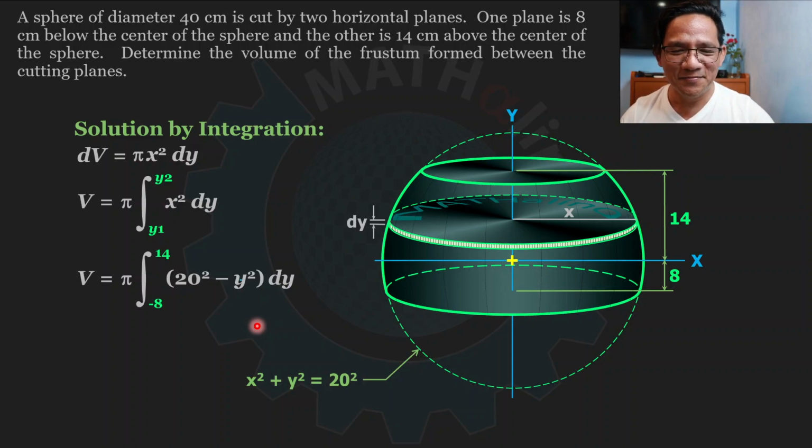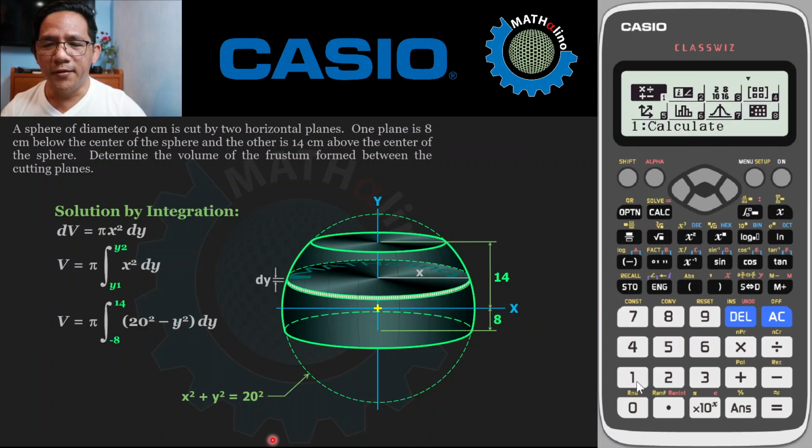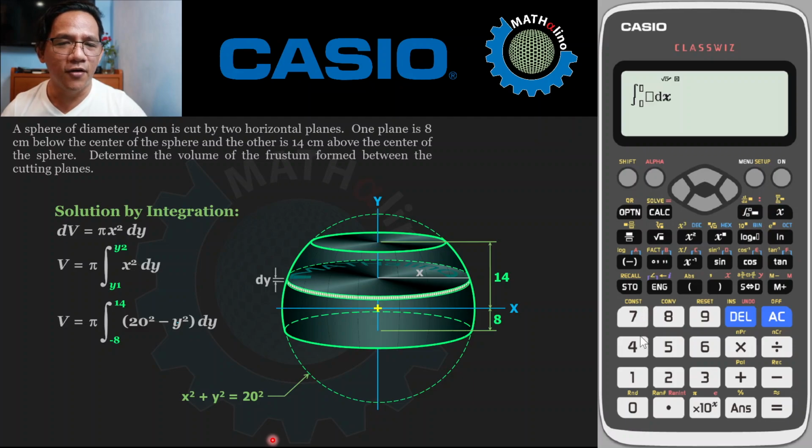Let's do that here with the Casio calculator. Mode 1. The integral of 20 squared minus, we will use alpha x, not alpha y, because the calculator uses dx, alpha x squared dx.